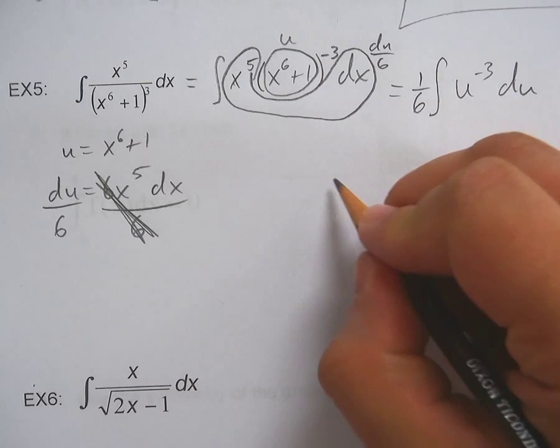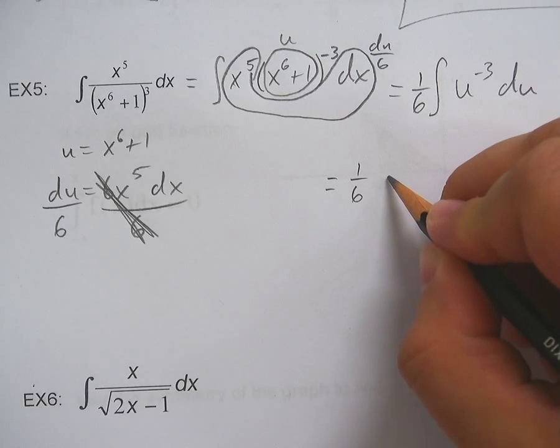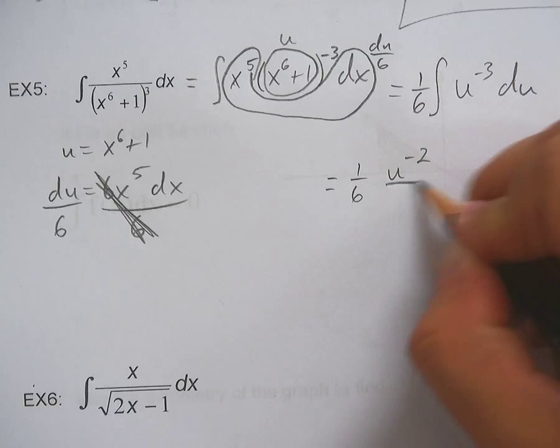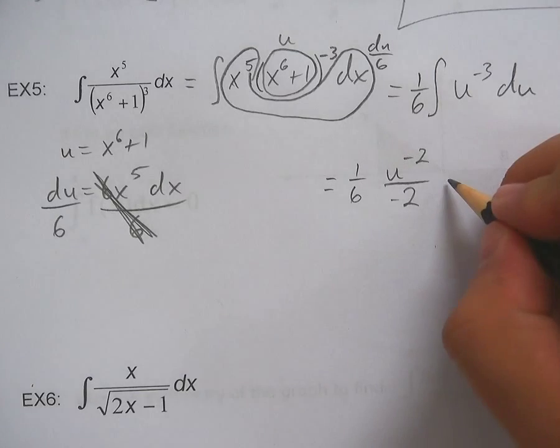Let's see what this will be. 1/6, this will be u to the negative 2 over negative 2 plus c.